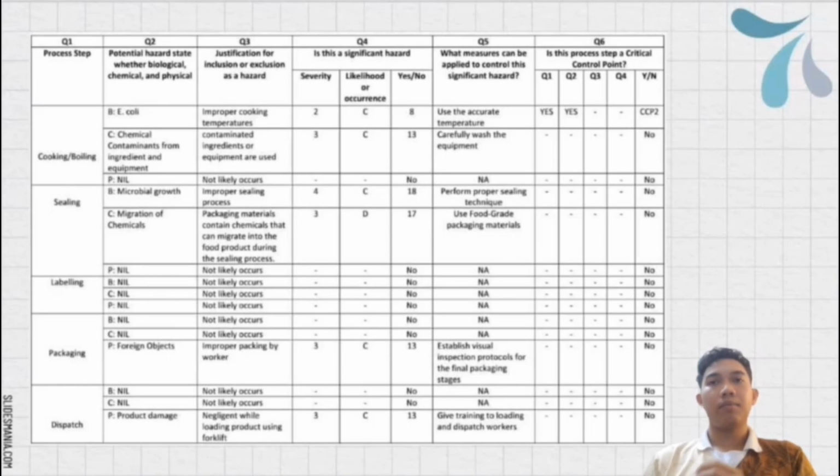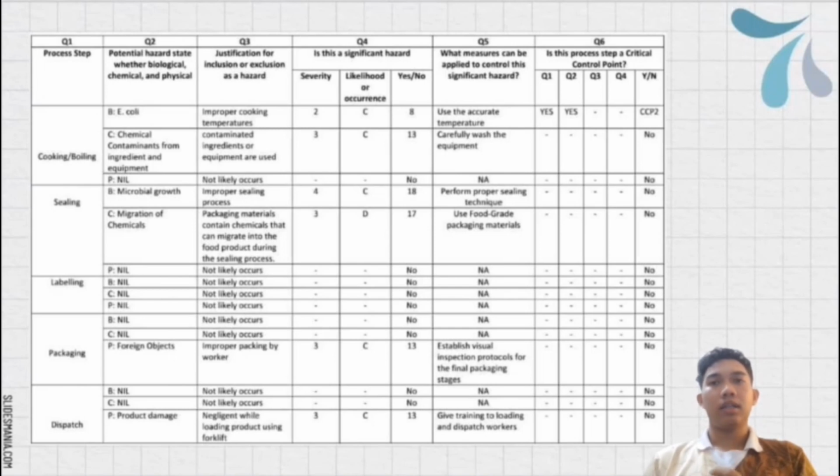And for the labeling process, there is no potential hazard. And for the packaging process, the potential hazard is a physical hazard, which may be a foreign object. The severity is 3, which results in product recall, and it could occur. To control it, establish a visual inspection protocol for the final packaging stage.